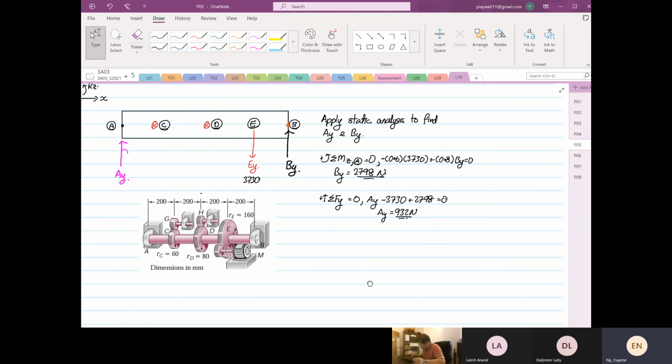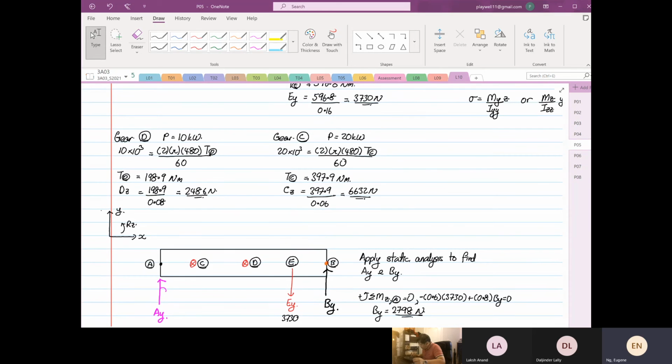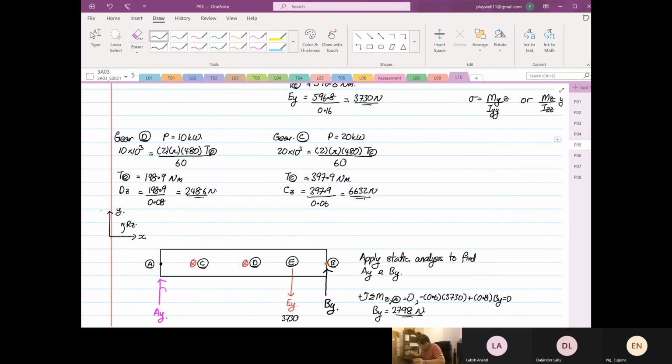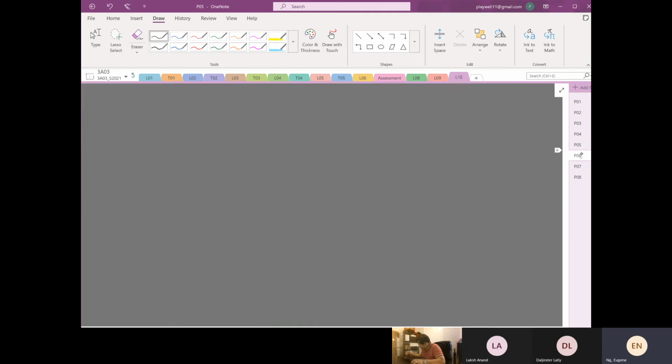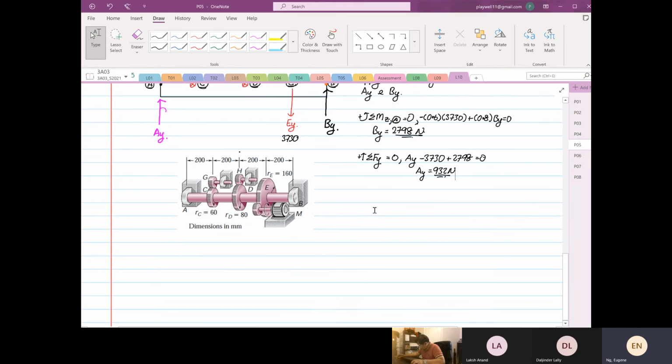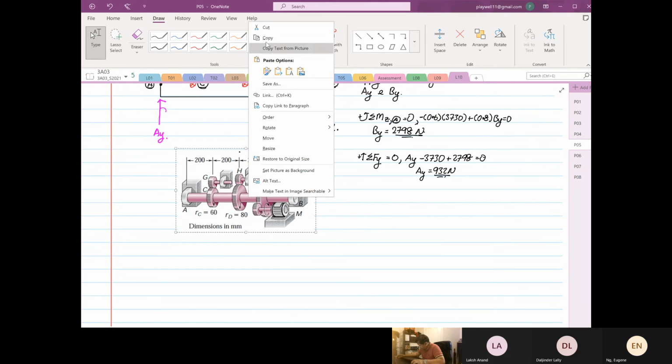Sorry for flipping around, but CZ is 6632 and DZ is 2486. Then I'm going to copy that diagram again so you know where we're looking at.